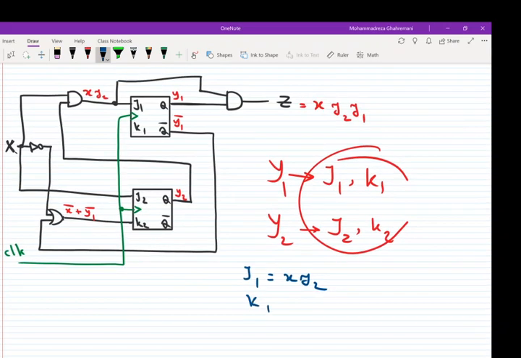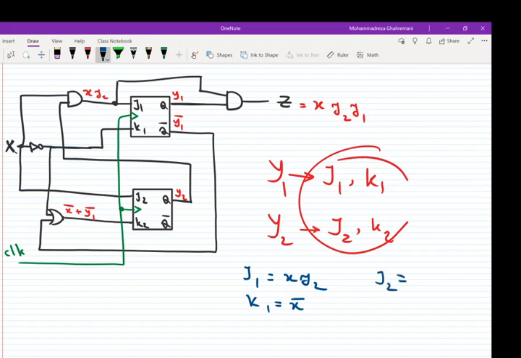K1 is equal to, oh, I forgot to connect K1. Sorry. K1 is connected to X bar. Okay. K1 is X bar.